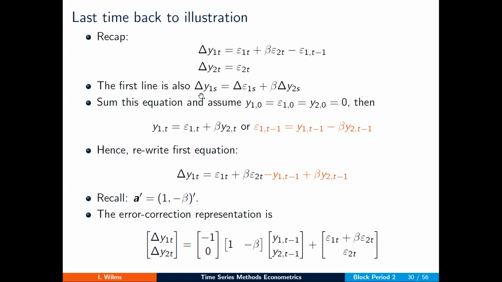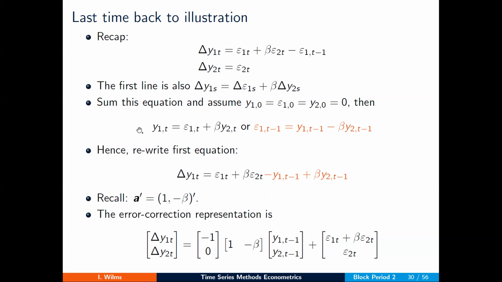Now, we can immediately rewrite it in this format over here, where I just have the first error in differences, and I plug in the difference of y2, since that is equal to the error term epsilon 2. Now let's work conveniently with these initial conditions over here. And then if we again take the sum of both the left and right-hand side from s equal to 1 up until t, we arrive at this expression.